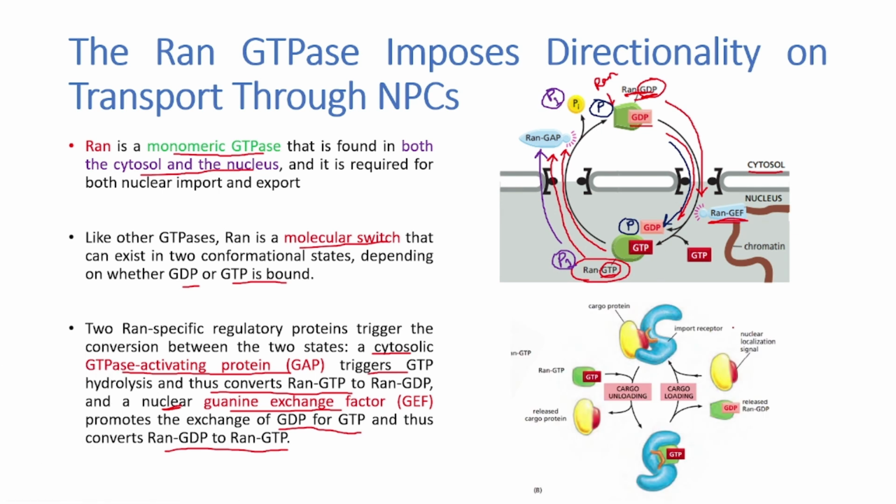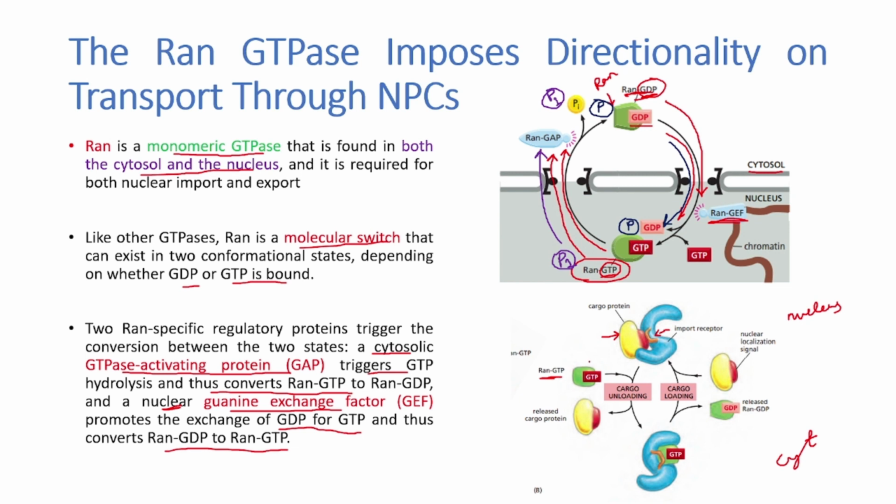So suppose you need to export a protein from the nucleus to the cytosol. Suppose this is the nucleus, and this side is the cytosol. As you can see here, this yellow one is the cargo protein and this blue one is the nuclear import receptor, and here you have the Ran GTPase bound to GTP. So what will happen?